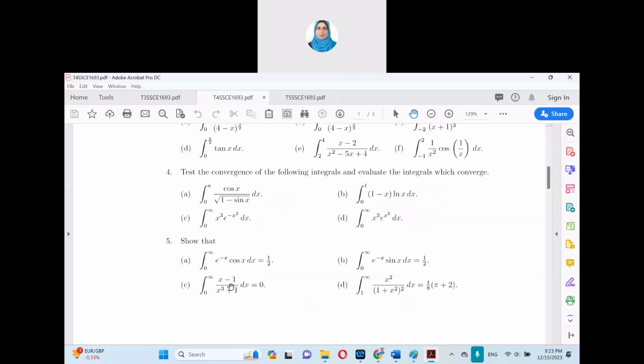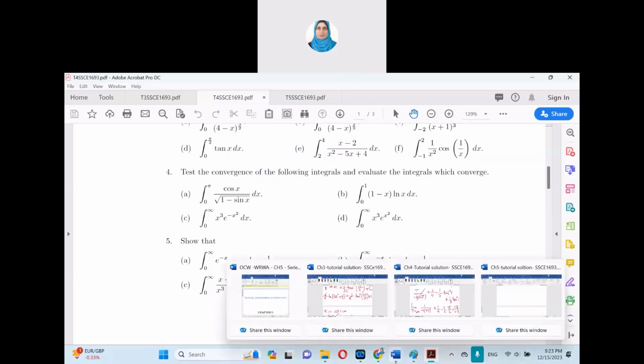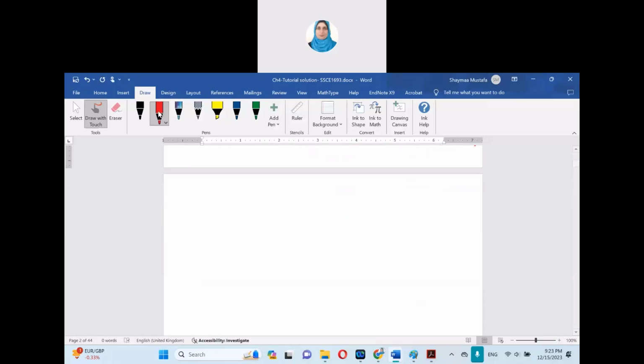5c, you need to integrate using partial fraction. 5c, integration of x minus 1 over x cubed plus 1 dx.